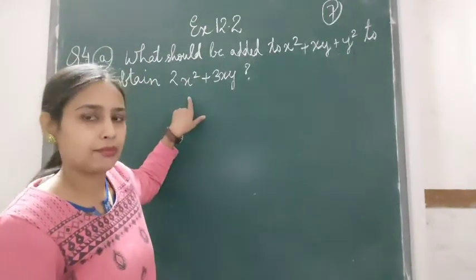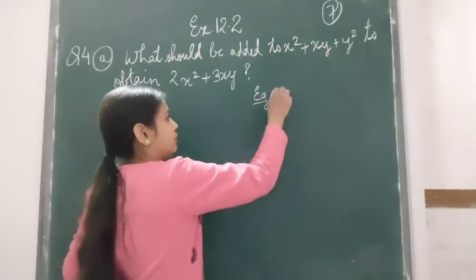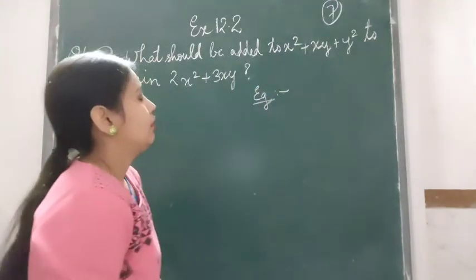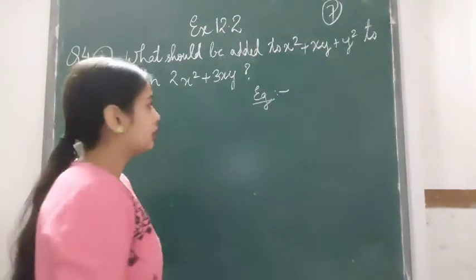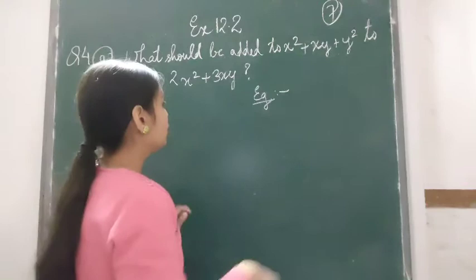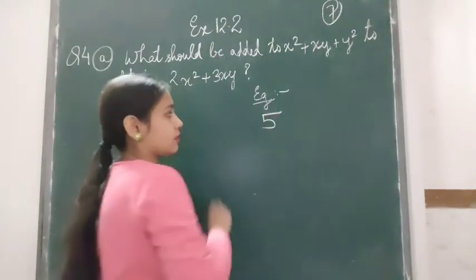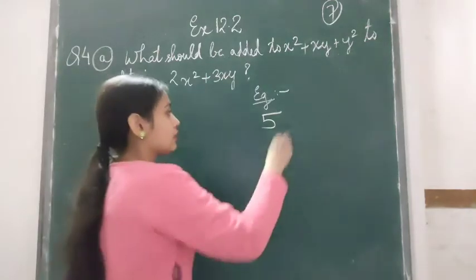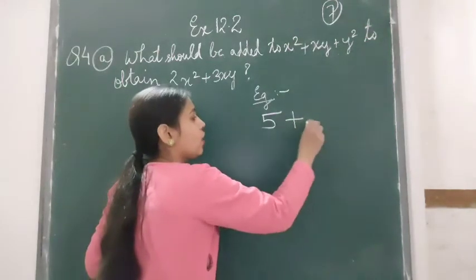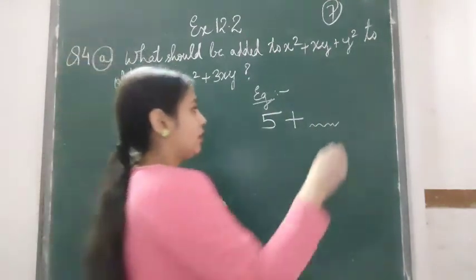Let's take an example. Your mother gave you 5 chocolates, and your friend also gave you some chocolates. We don't know how many.